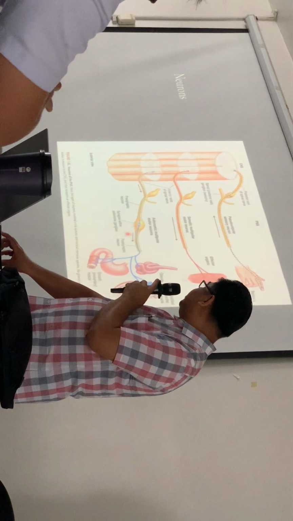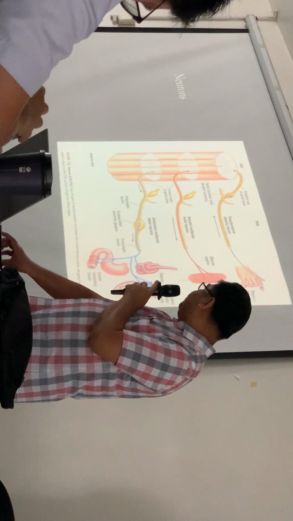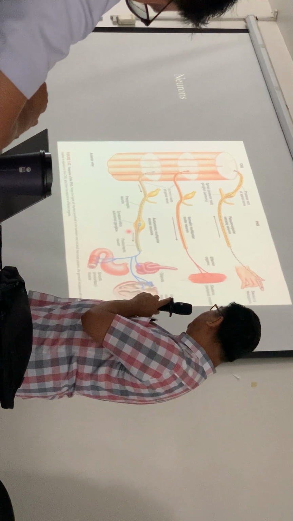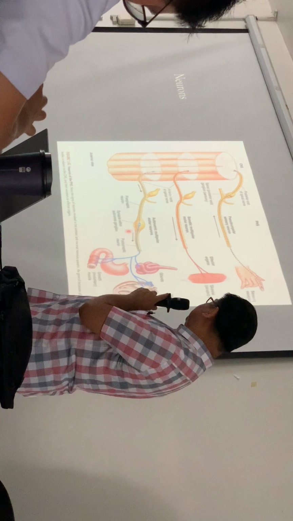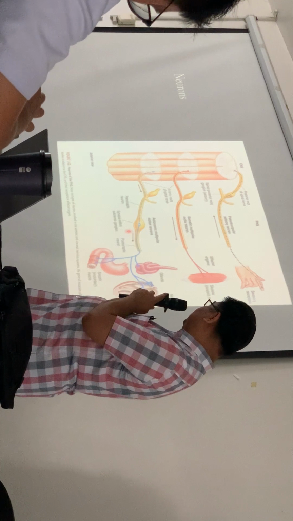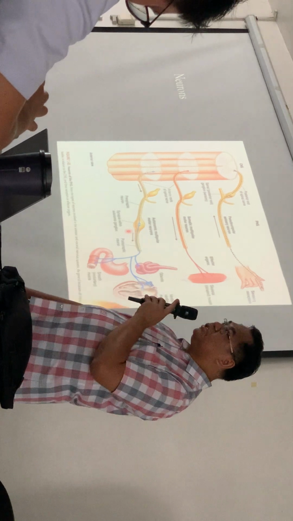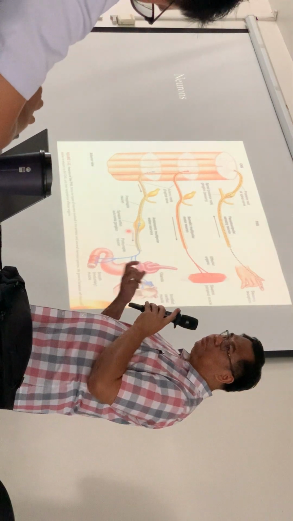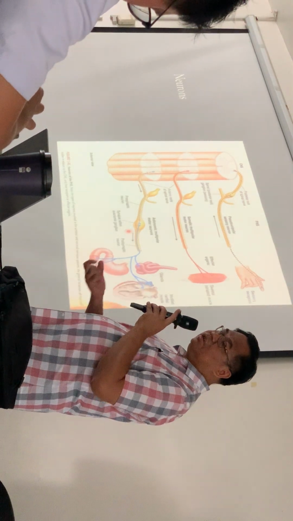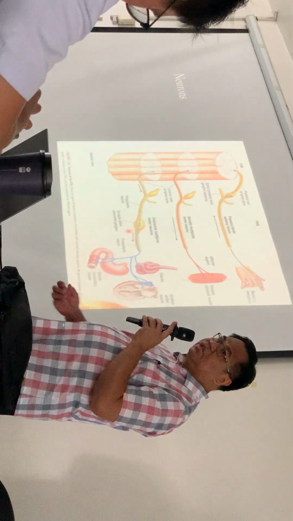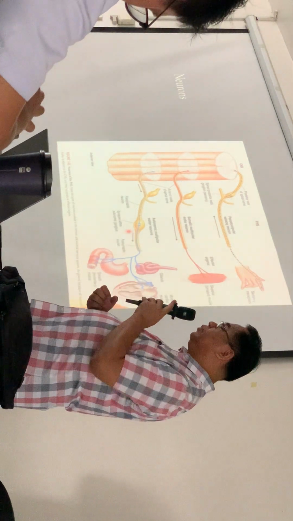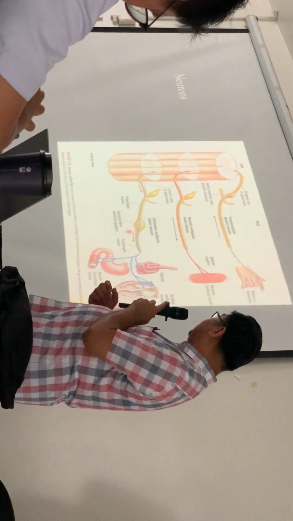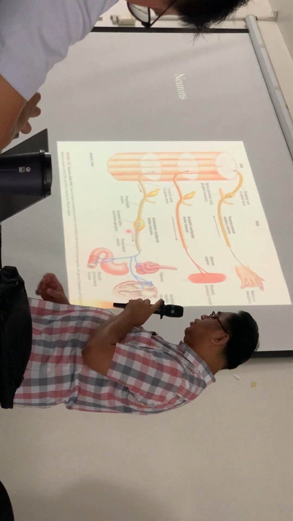The autonomic ganglion will send the signal to the different visceral organs. So it can send signals to the glands, to the heart, to the smooth muscle in the gastrointestinal tract to produce contraction, to produce increased heart rate, increased contractility of the heart, to cause the glands to secrete. So that's the autonomic neurons.